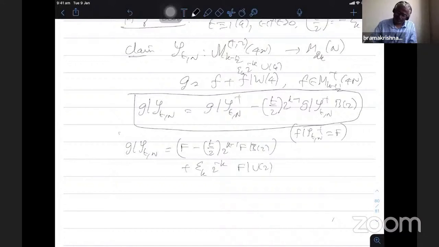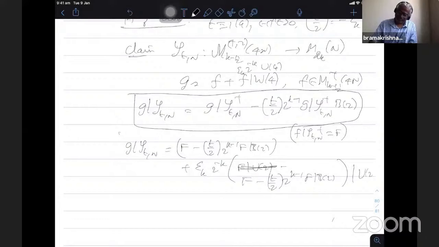After applying that, U4 goes as U2, minus there is a T by 2 here. What I have to do, this is 2 power minus k into f bar U2, f minus T by 2, 2 power k minus 1, f bar B2 bar U2.